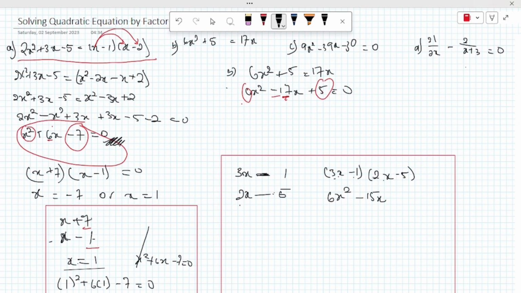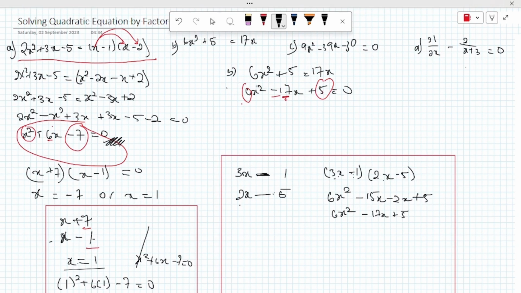Minus 1 multiplied by 2x is going to be minus 2x. Then minus 1 times minus 5 is going to be plus 5, right? So it's going to be 6x squared minus 17x plus 5. So basically we are back at our original expression, which means we are correct.